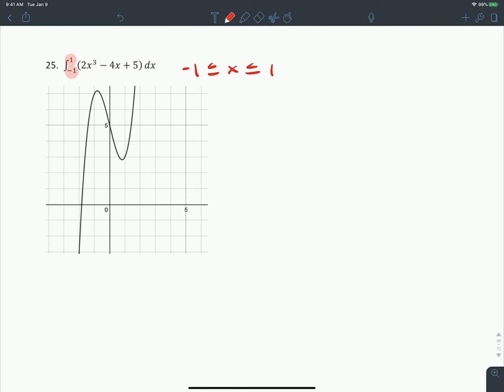So I'm going to have to go to the left 1 to draw the vertical line through x is -1, and go to the right 1 and draw that vertical line through x is +1. And what we'll notice here is that the area under the curve between these vertical lines is all above the x-axis, so that area is going to be positive here.